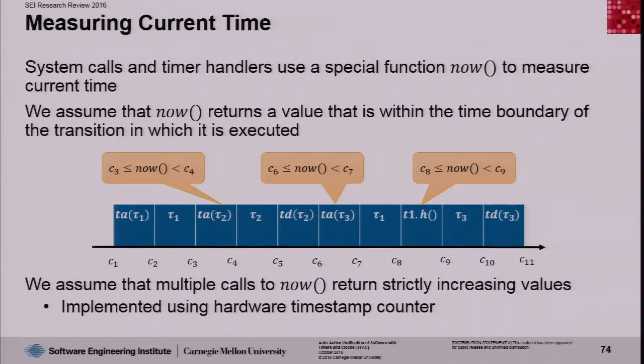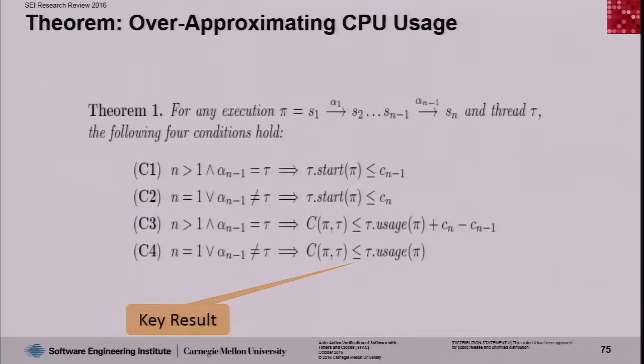But what we did as part of this work is to figure out a way to over-approximate this because we really need to be conservative. We just need to make sure that the thread did not exceed its budget. If it got a little bit less, that's fine. So the key idea is using some formal proofs and some engineering, we can figure out a way to over-approximate the CPU usage, and now we can use that to budget and make sure that the threads did not exceed their budget.